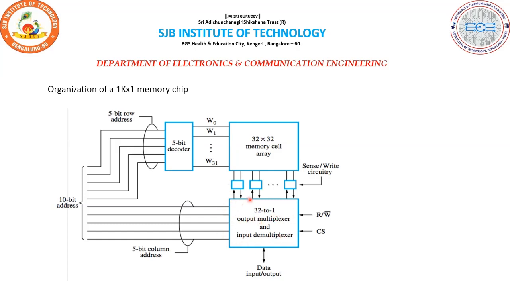The input demultiplexer takes one data input and has to reach the 32 memory cells, and in those a particular cell has to be selected. The row address specifies the particular row, and the column address specifies the particular column in that row. This is done using the read or write and chip selection control signals. So this is the organization of the 1K into 1 memory chip.